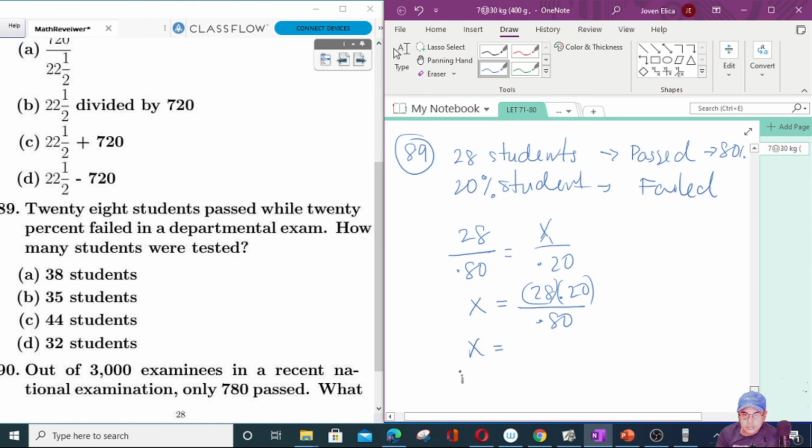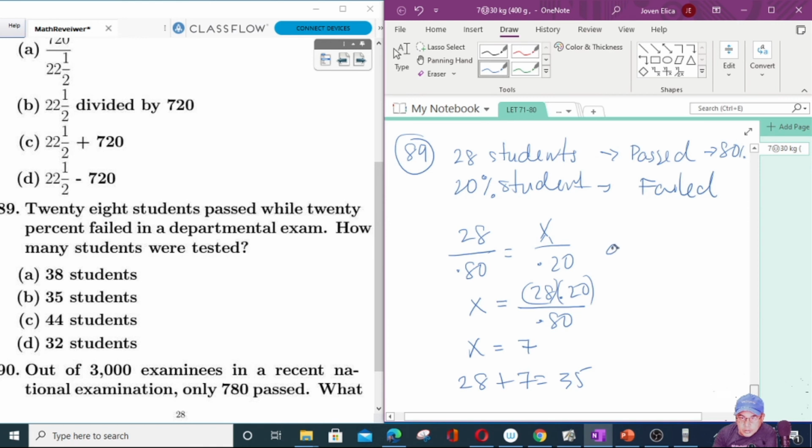X is equal to 7. So therefore, the total number of students tested is 28 plus 7 is equal to 35. These are the total students tested.